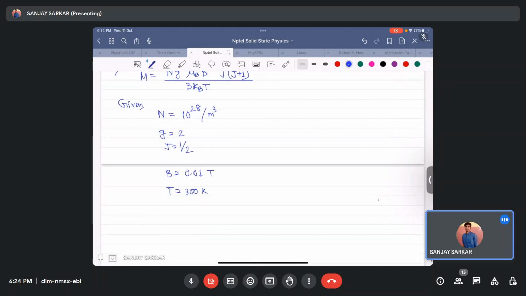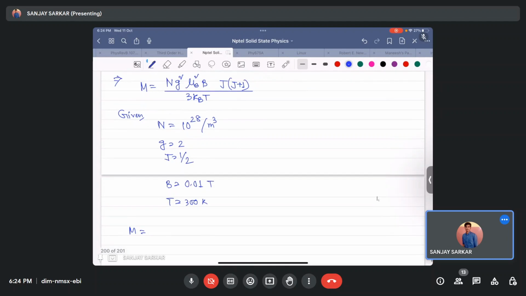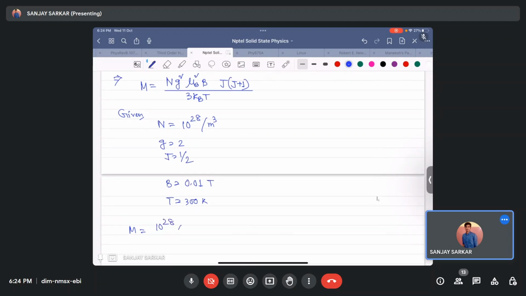Now put this in the formula of the magnetization. M is 10 to the power 28 into g square, that is 2 square, into mu B square, which is 9.27 into 10 to the power minus 24 square, into B, that is 0.01, into J plus 1, that is half into half plus 1, and in the denominator 3 into 1.38 into 10 to the power minus 23 into T, that is 300, ampere per meter.